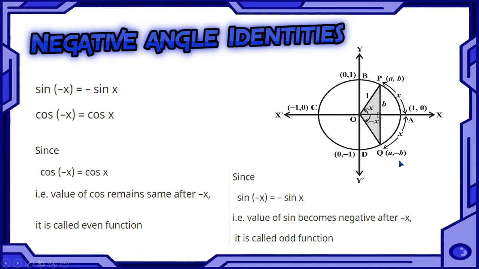If this is A, B, so this will be A, minus B. So students, first number always represents cos and second represents sine. So if I talk about cos x, it is A, cos minus x, it is A. Sine x, B, sine of minus x, minus B. Right? So that's why I can say sine minus x is minus sine x, cos minus x is cos x.